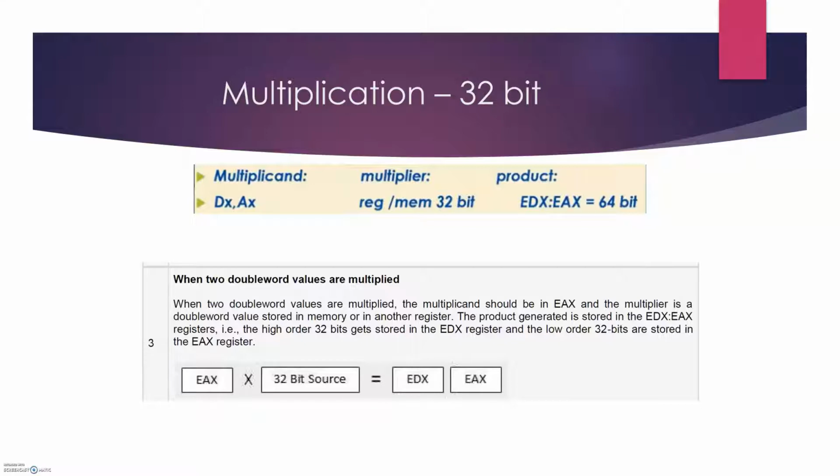The product generated is stored in the EDX EAX registers, that is, the higher-order 32 bits get stored in the EDX register, and the low-order 32 bits are stored in the EAX register, as you can see over here. EAX times a 32-bit source equals EDX and EAX.